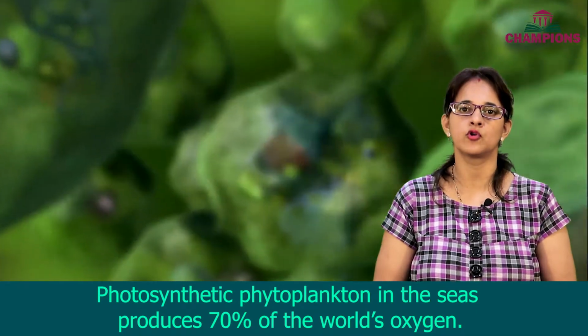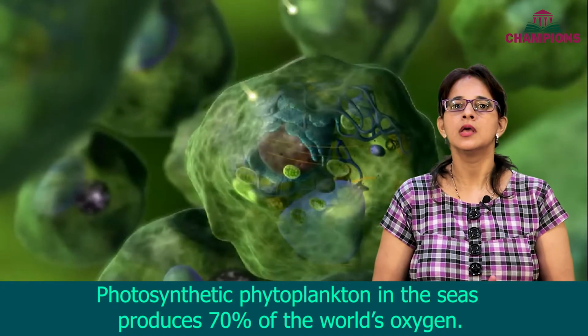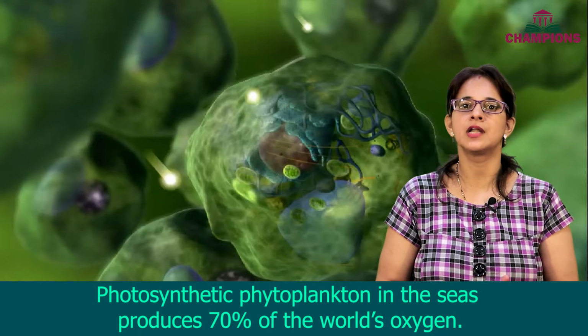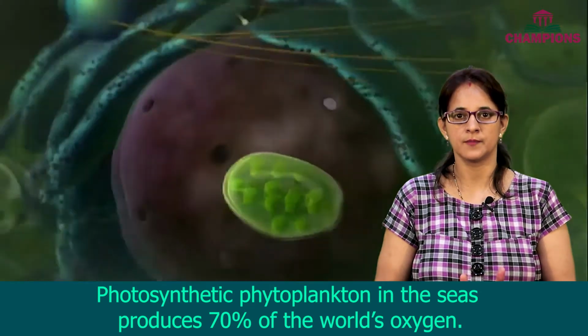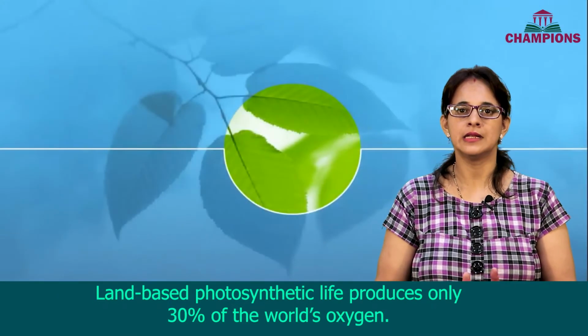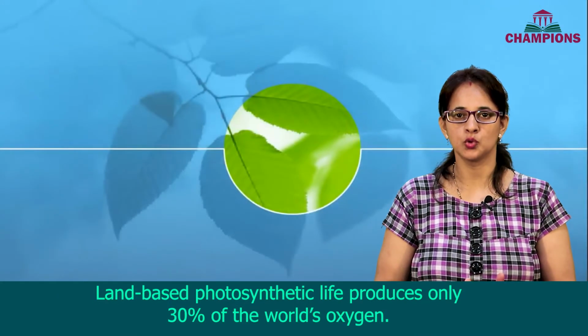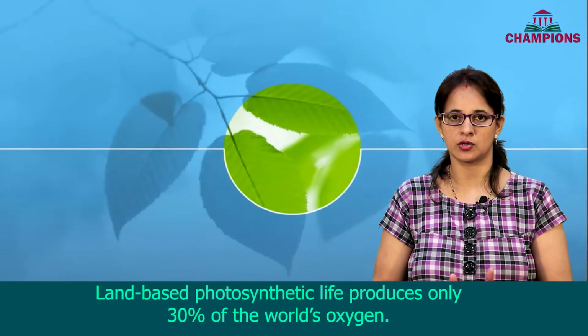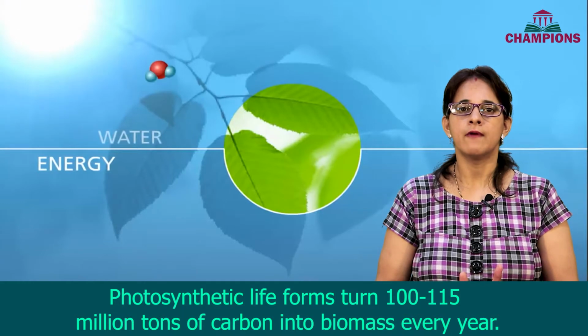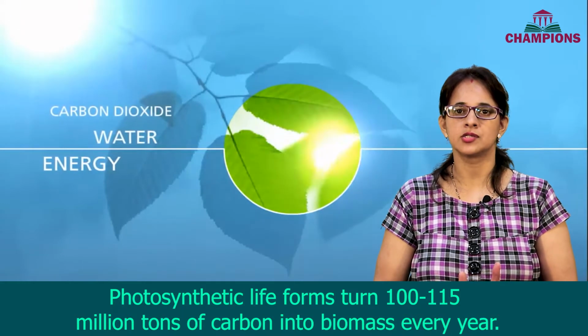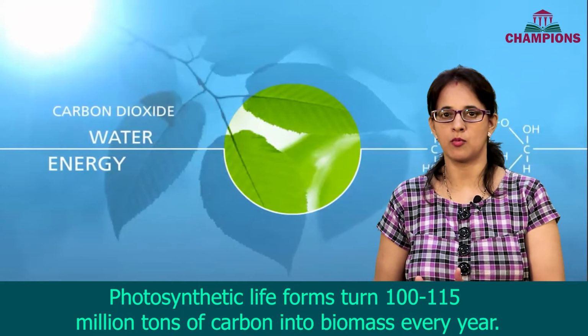For example, the photosynthetic phytoplankton are responsible for 70% of the release of oxygen into the air. On the other hand, land plants produce only 30% of the oxygen. Plants produce around 110 million tons of carbon into biomass.